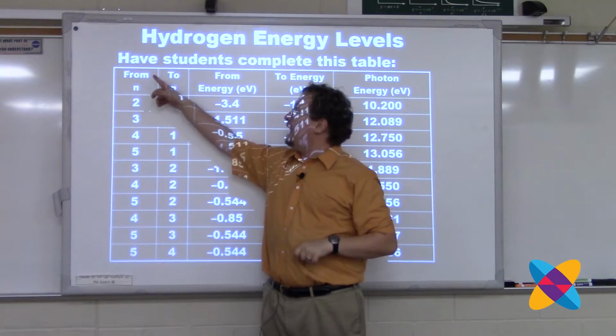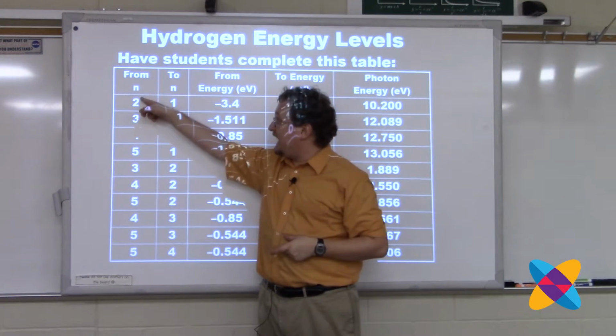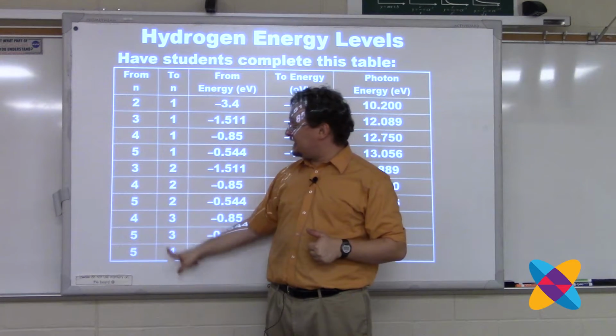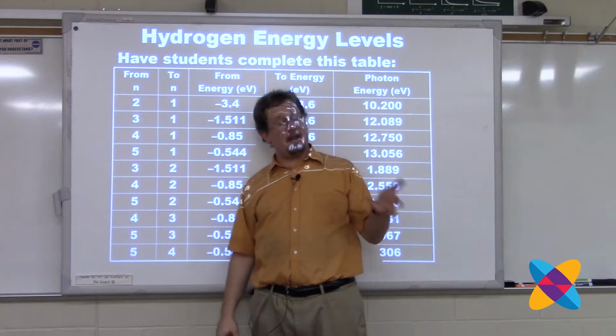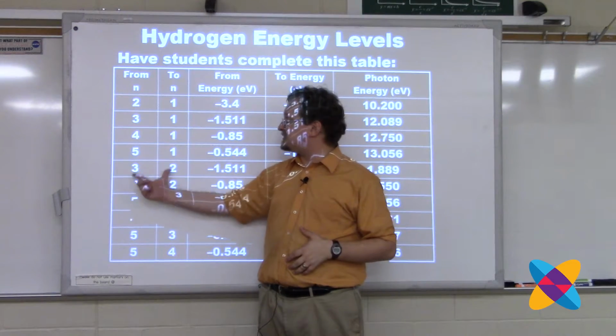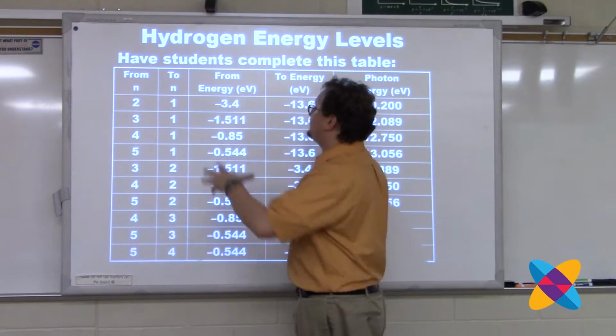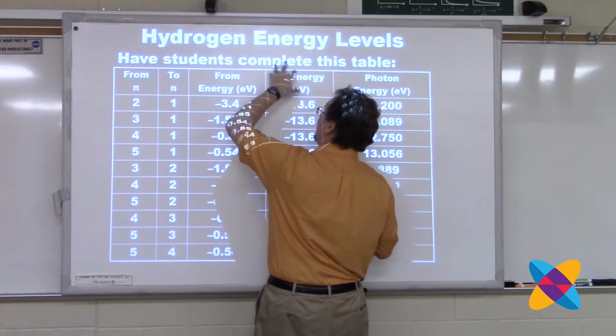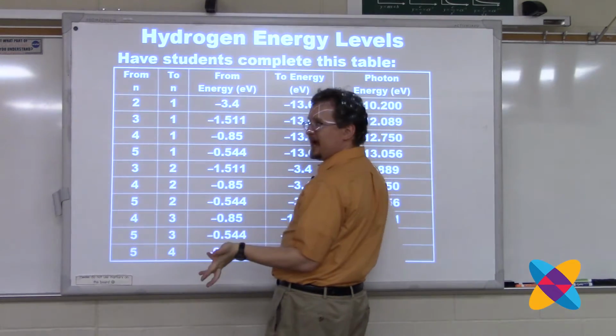So you have the n that the electron transitions from, and the n that the electron transitions to. Between n equals 1 and n equals 5, there are 10 different transitions. You can see all the possible transitions right here. I ask the students, for each of these, what's the energy we're going from? What's the energy we're going to? They're just copying that down.